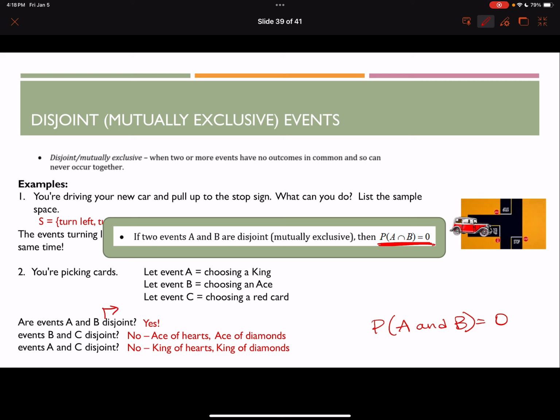If we know that A and B, choosing a king and choosing an ace, are disjoint, what's the probability of getting a card that's a king and an ace? Can you pick out a card and have it be a king and an ace at the same time? It's impossible. So that probability is 0.